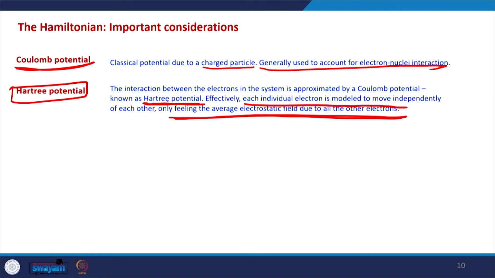So this Hartree potential in a way encapsulates the electron-electron interaction, and it gives us the effective electrostatic potential in which we can assume that the electrons are moving independently of each other. So this electron-electron interaction has been modeled by this Hartree potential.